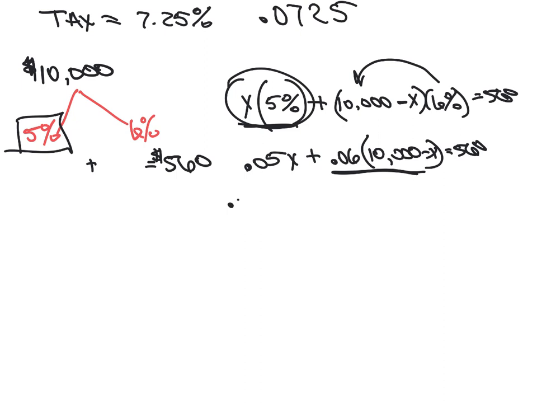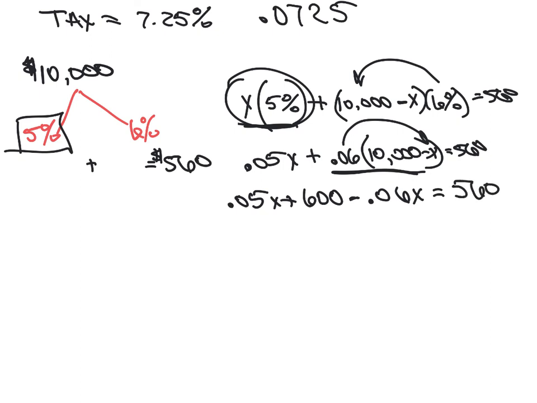So I end up with 0.05x plus 600, 0.06 times 10,000, minus, because I multiplied that by that. All right, so now I continue to move along here, and I've got my 0.05 minus 0.06, and I get negative 0.01x.